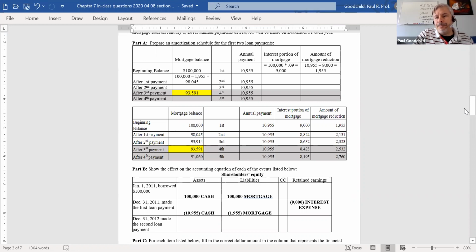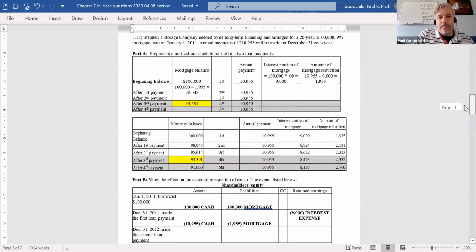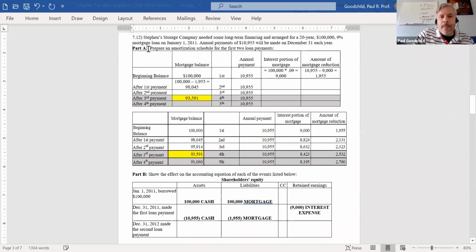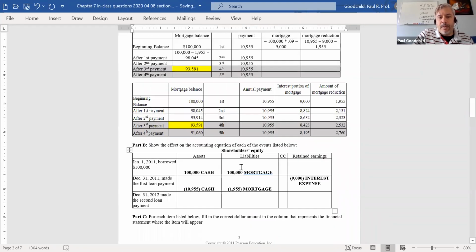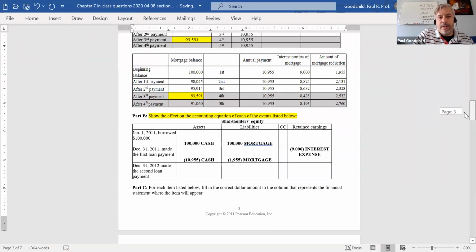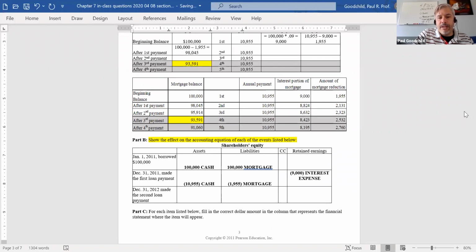All right, so again, the information up above is here. And then part A, and then part B says show the effect on the accounting equation. And then I hit the pause button, unfortunately, so you couldn't see that. So I apologize.